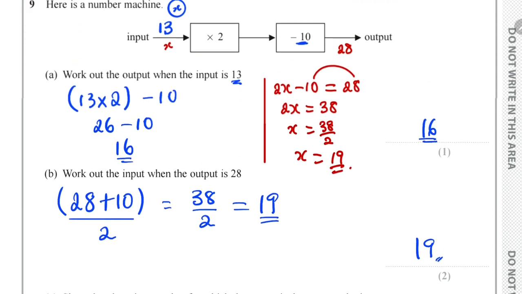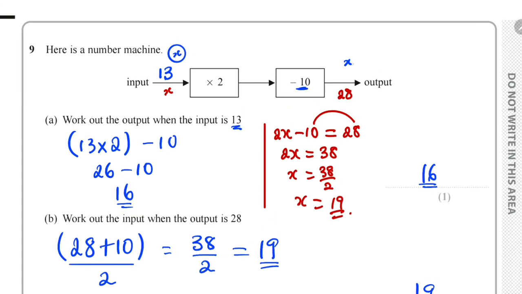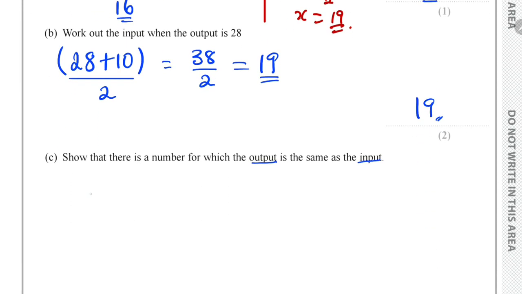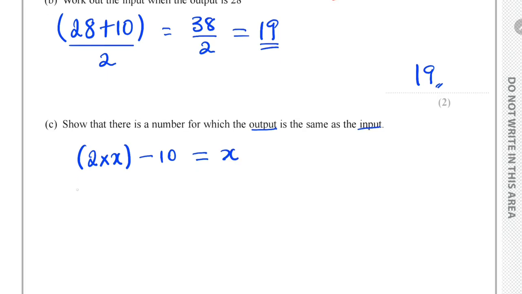So both the output and input are the same, and the output is x. Okay, now this is what you're going to have. You are going to have that 2 times x minus 10 should be equals to x. All right, so we are going to have 2x minus 10 is equals to x. So x is equals to 10. Now the number is 10.